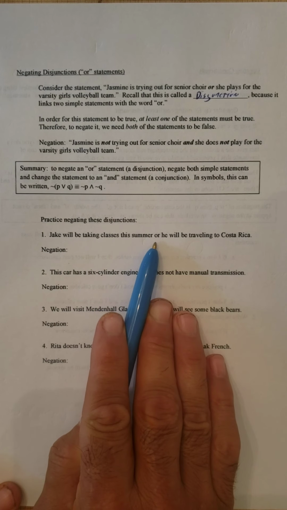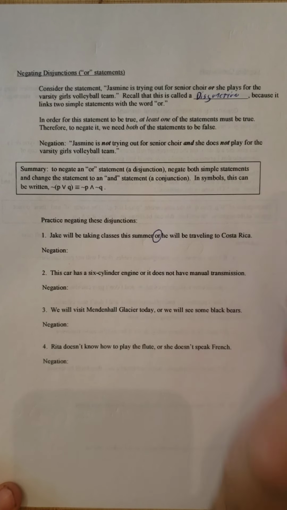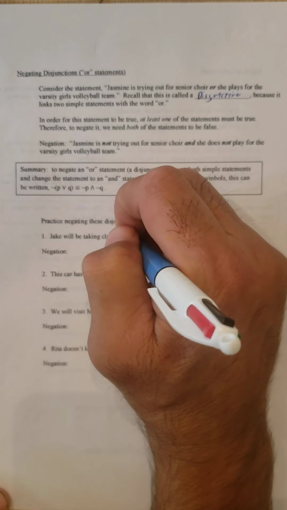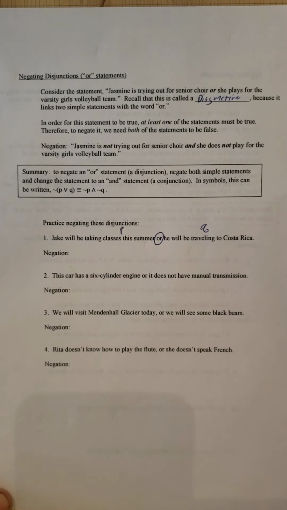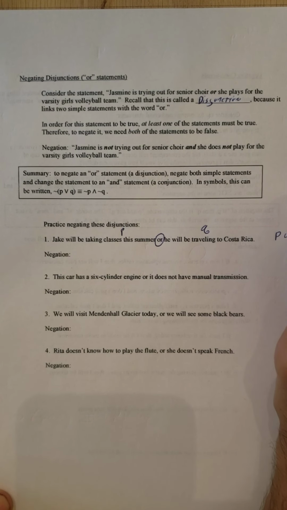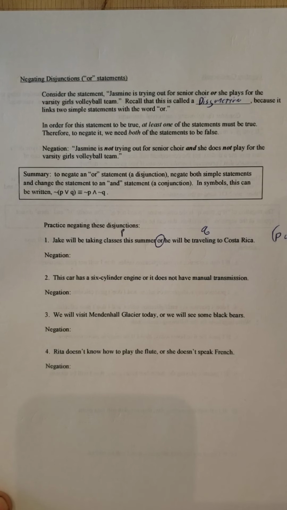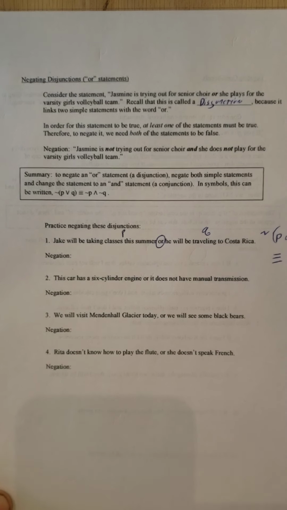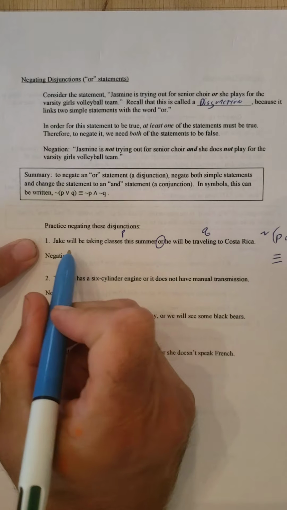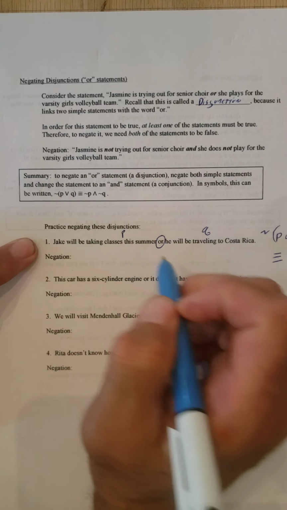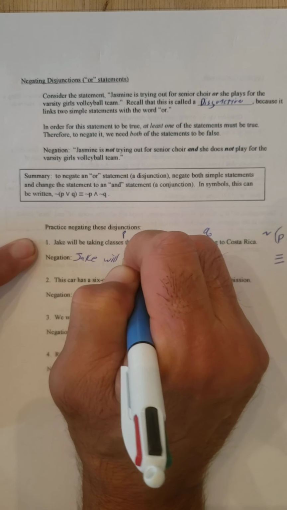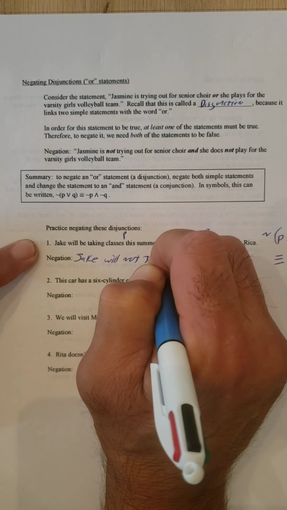Jake will be taking classes this summer, or he will not be traveling to Costa Rica. Okay, so if this is statement P and this is statement Q, I have this, P or Q, and if I want to negate that, it is going to be not P and not Q. So I will say Jake will not be taking classes this summer.